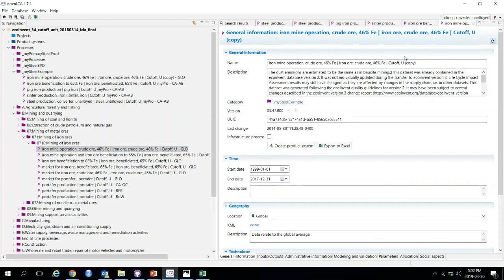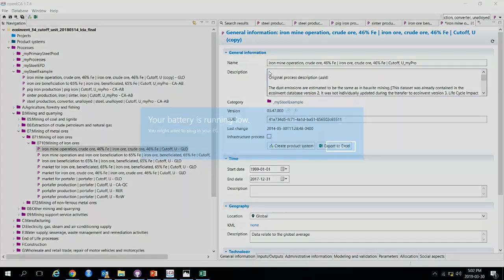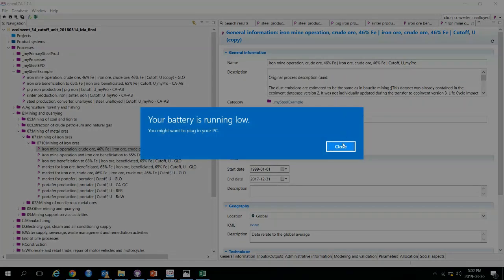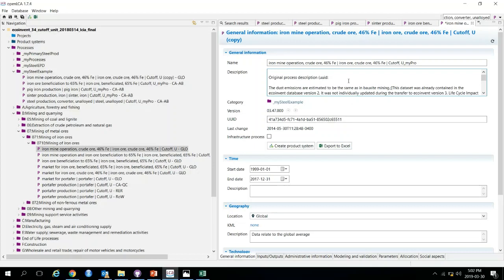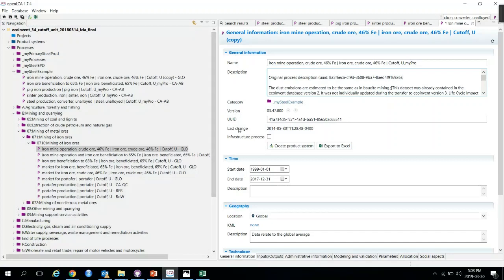And here's our process we just created. Call it MyPro, easily recognized, and we'll say original process description. Add the UID so it's easily recognized. Oh, my battery's running out. Better pause this. Resume. Plugged in, ready to go. All right, back to it.